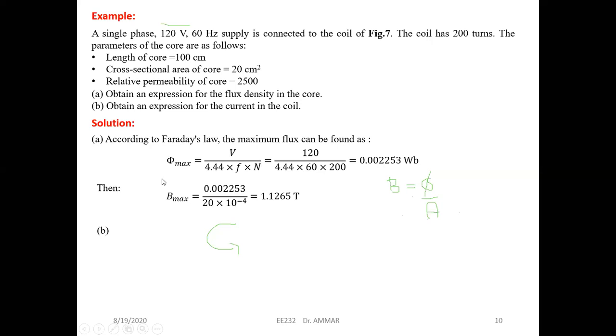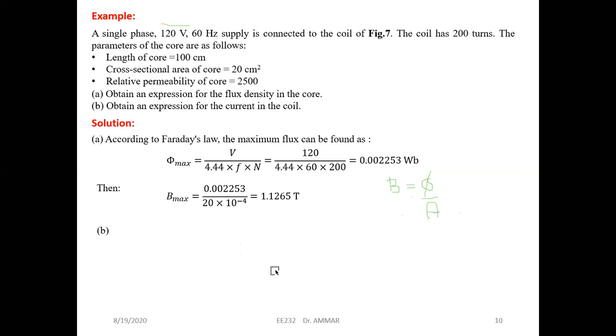Now, from phi we found B. Of course, phi here is maximum, so B should be maximum. B equals phi over A, and it's equal to 0.002253 over 20 times 10 to the power minus 4, which is centimeters square, and it's equal to 1.1265 Tesla. So this is B max.